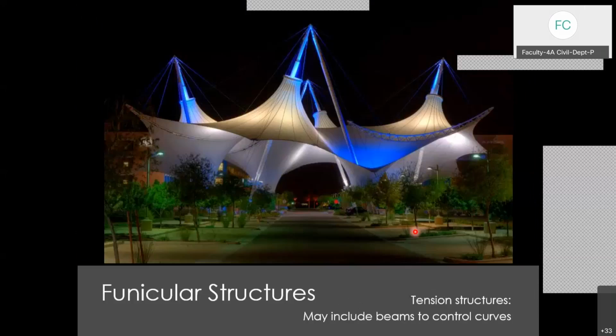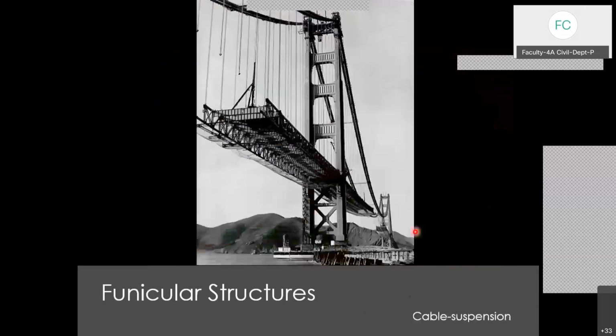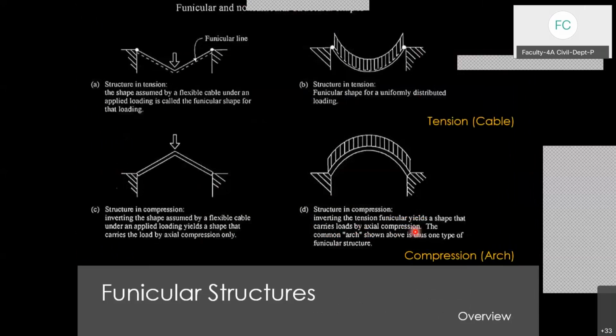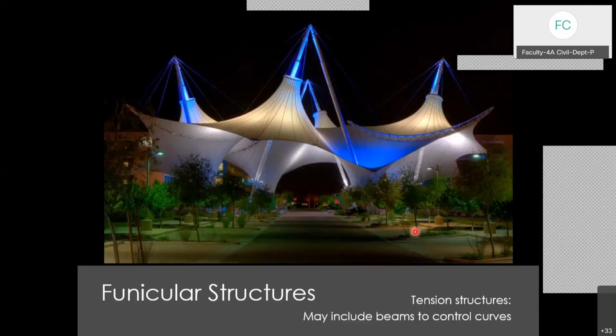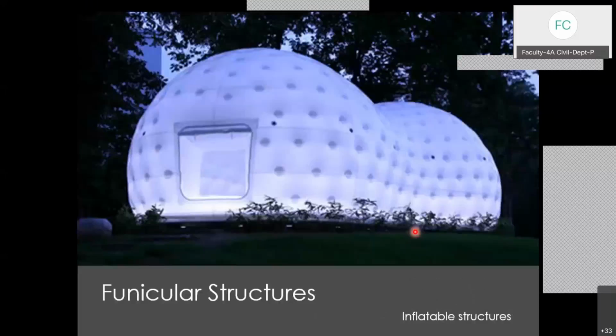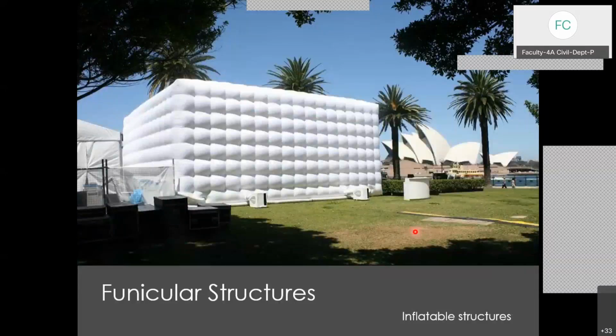These are basically called funicular structures, as you are seeing here. This is called a funicular one or arc type, though that is not in our syllabus. Funicular is not in the syllabus. This is also called a funicular structure.